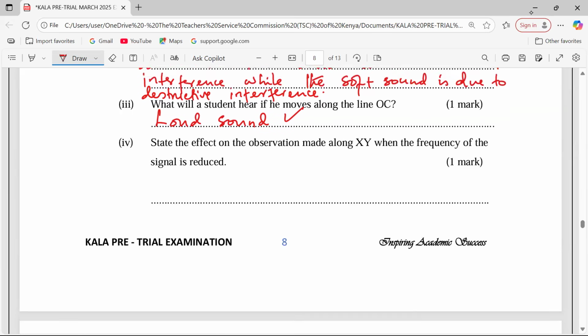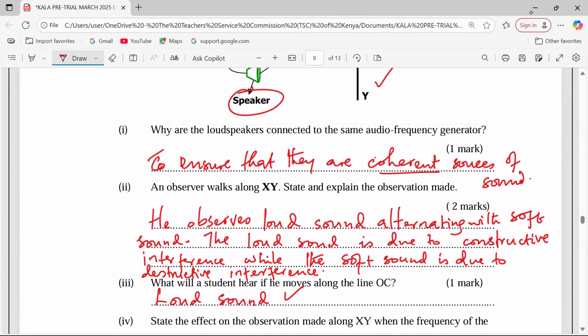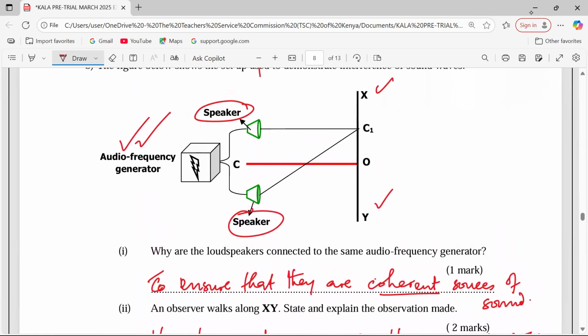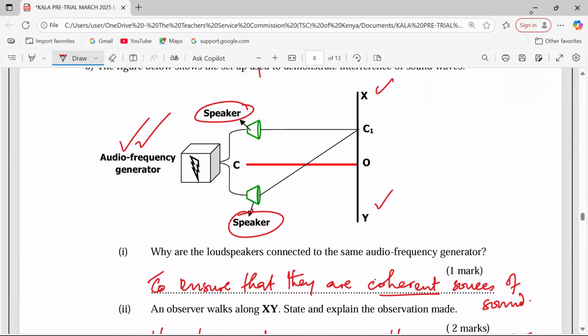Can we begin by increasing so that we may state the opposite? When you increase frequency in the audio generator, the sound will be having a higher frequency, and the time interval between the loud and the soft sounds shall be decreased.